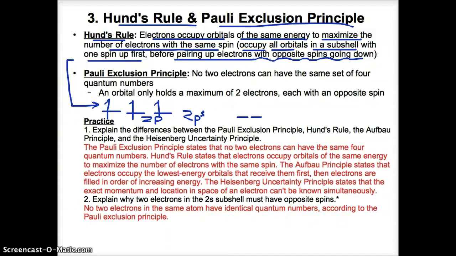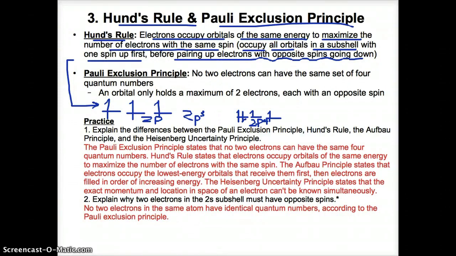The only case in which anything would pair down would be after we filled everything halfway with the up spin. So if it's 2p4, we fill all 3 of the orbitals in 2p with the up spin, and the 4th one would be a last-ditch effort, and that's where we would put the spin going down.